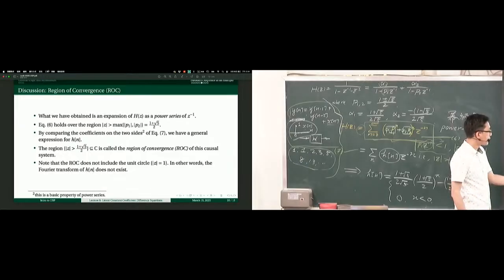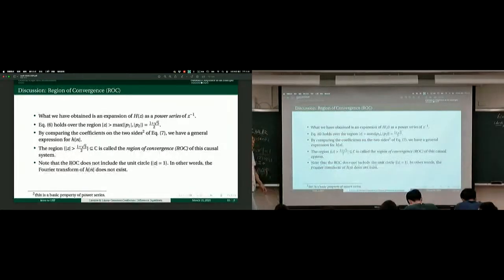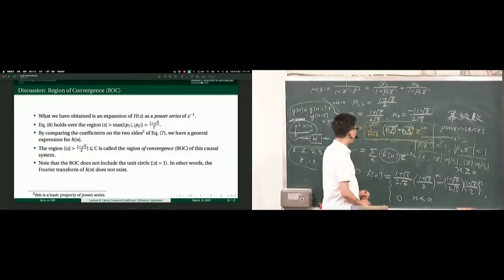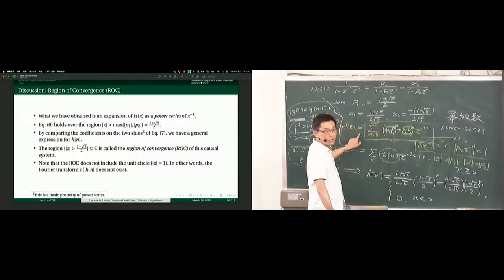The region of convergence, for our derivation to move on, is the region where this power series converges back to the fractional expansion formulation, for this equality to hold.